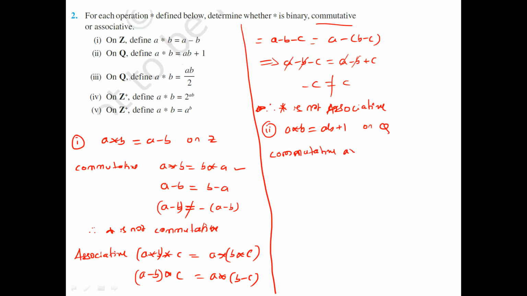Commutative means A star B equal to B star A. A star B means AB plus 1. Here BA plus 1. Here BA is nothing but AB. Both are the same. So what is the conclusion here? Star is commutative.